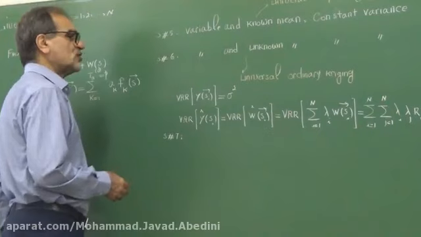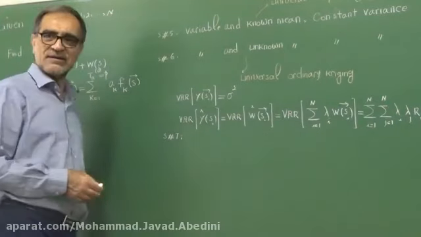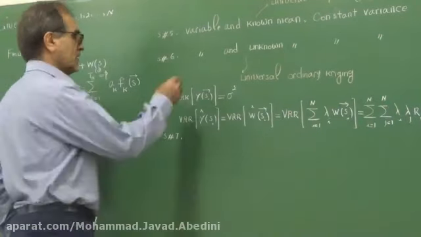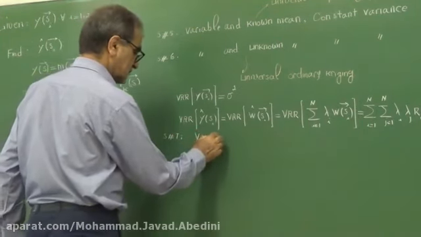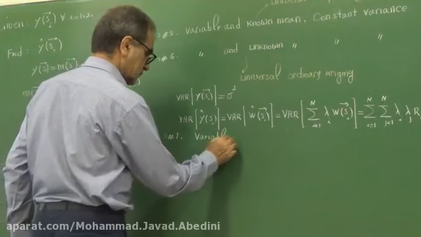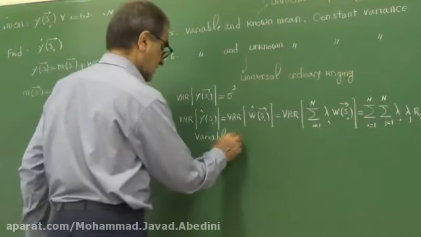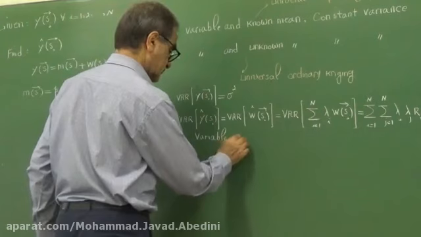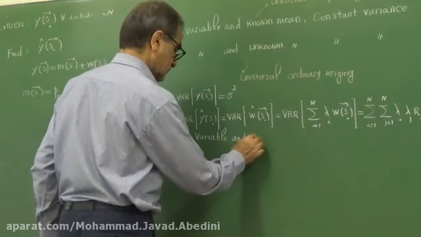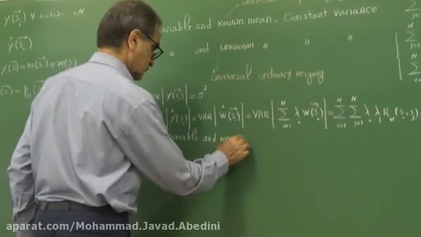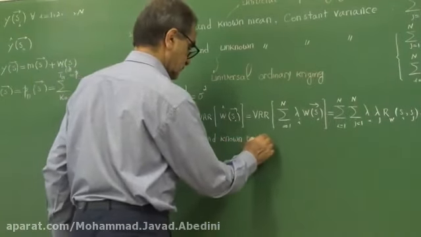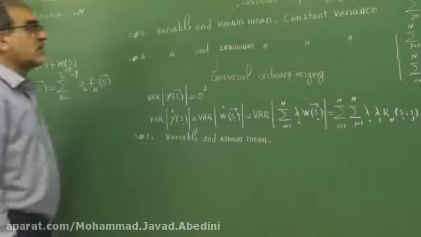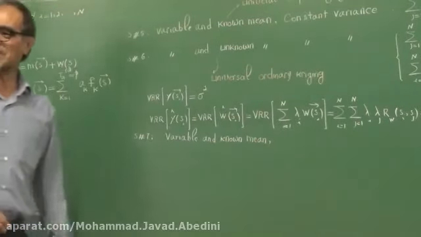What you need to do in scenario 7, your mean is variable and it is given. When it comes to variance, your variance is variable.